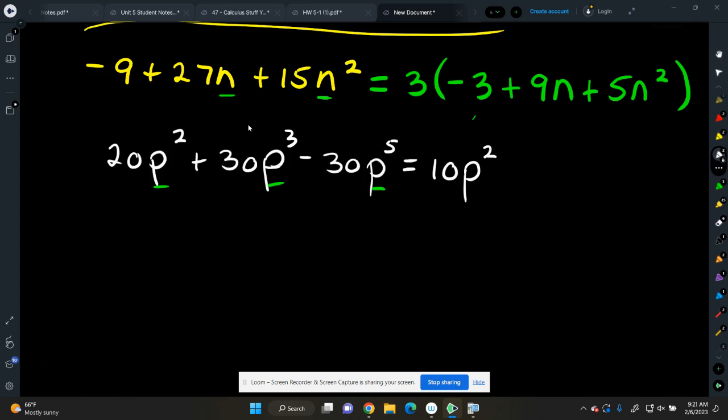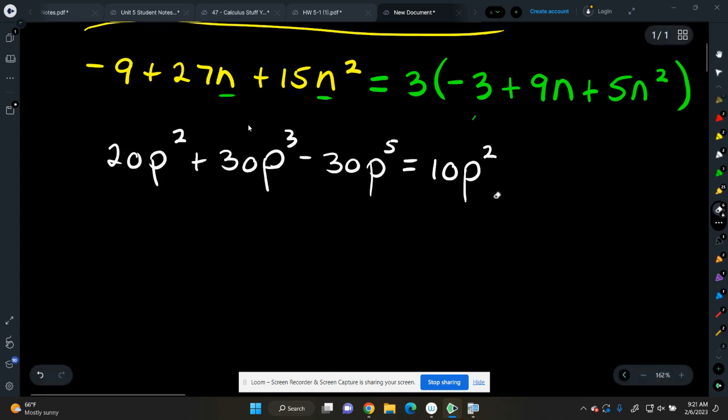So when we're factoring the greatest common factor, if they all have the variable, we want to take a variable out, and we want to take out the lowest exponent. So in other words, I can't take out p to the fifth, right? P to the fifth means I have 5 p's. I can't take out p to the fifth because this one does not have 5 p's. I can't take 5 p's away if I only have 2 of them.